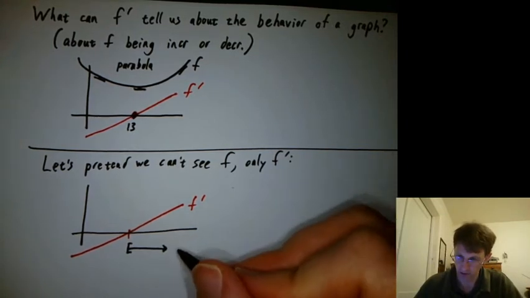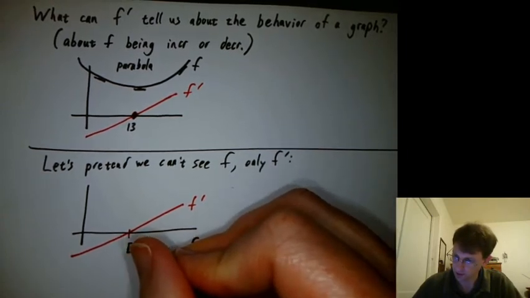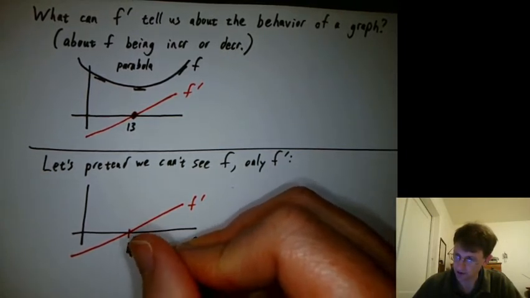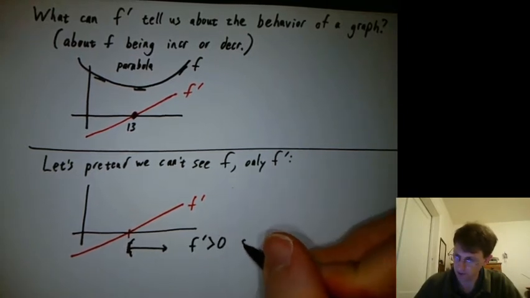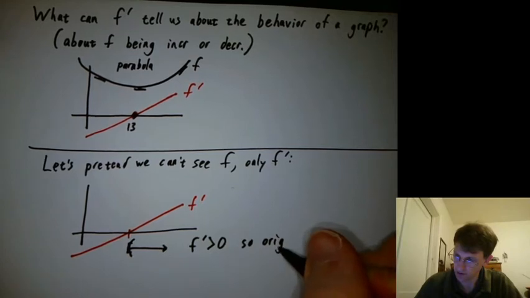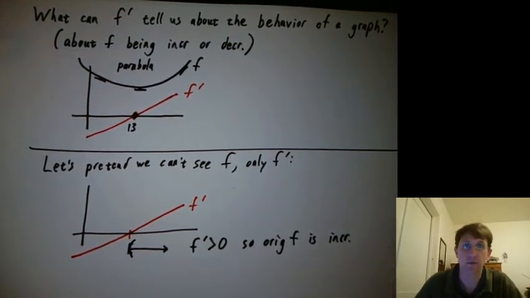Well, you could say from here on over, so that's on 13 to infinity, use an open bracket there. f prime is bigger than 0, so the original f is increasing on 13 to infinity.